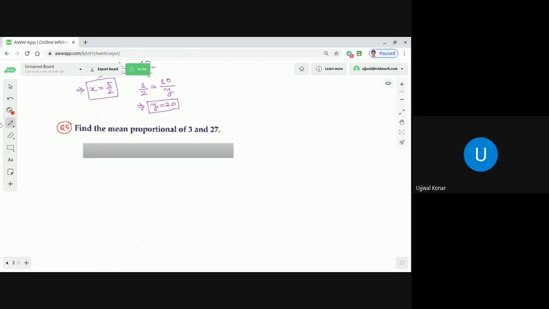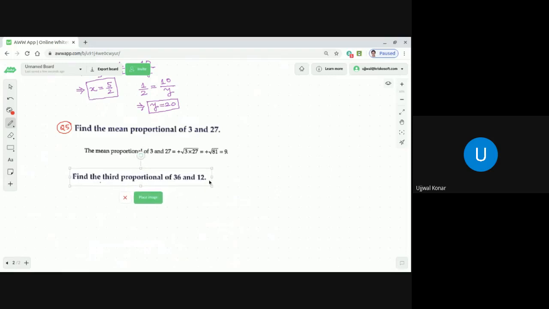Now, next question, what I'm going to give you, is on finding the third proportional. So you'll get the question in another few seconds. Here the question is: find the third proportional of 36 and 12.